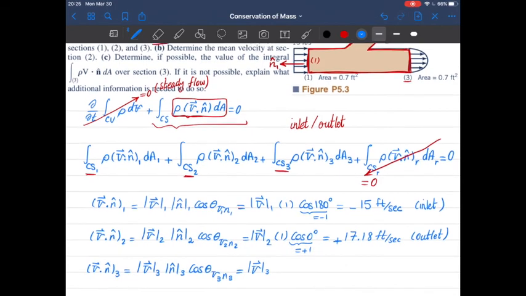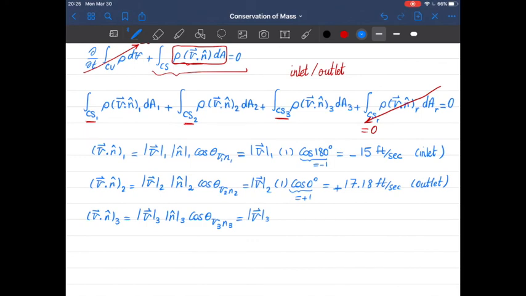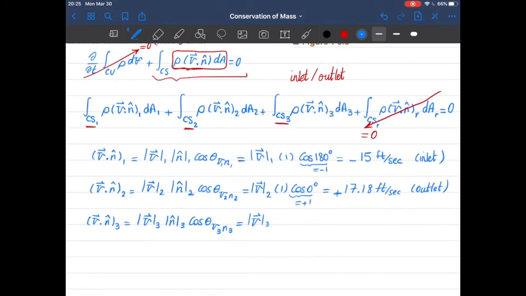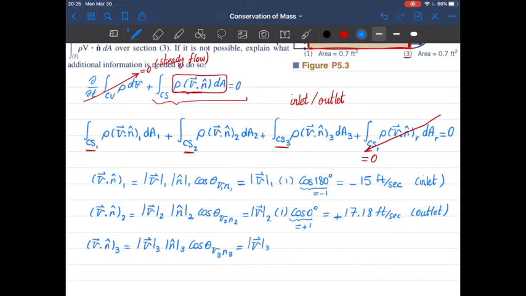So we want to find this one. This was the integral that we want to find the value for.